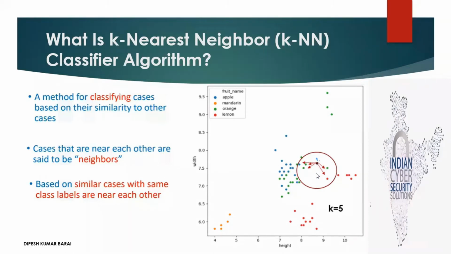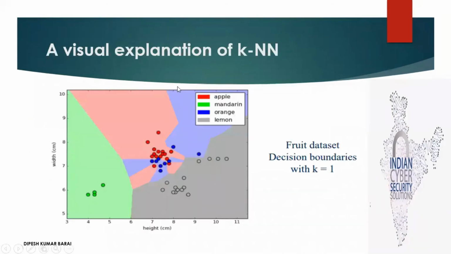Now we will calculate the nearest points by a distance metric, which is called the Euclidean distance. There are also other distance metrics, such as Manhattan and Minkowski, but we'll only discuss the Euclidean distance here.